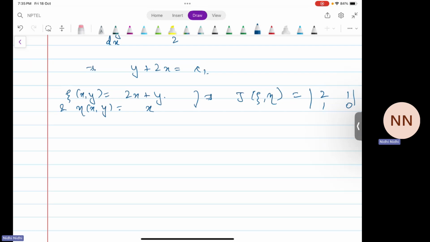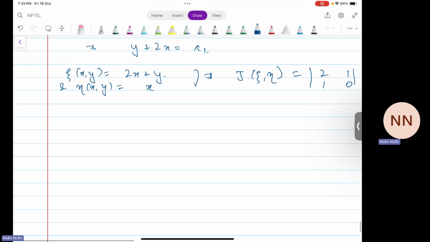So now we will convert our problem from ux, uy, uxx, uyy to a problem where we have partial derivatives of u with respect to zeta and eta. So we have ux is equal to, now we'll differentiate u with respect to zeta, and we'll be basically applying the chain rule, del u by del zeta times del zeta by del x.